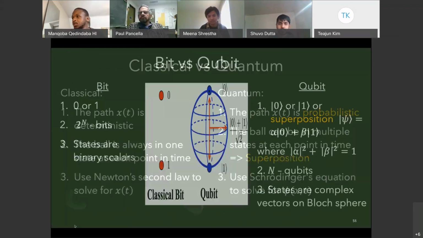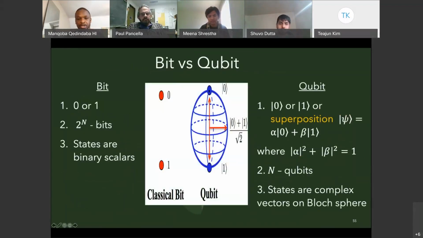And so classically, we use bits, which is either 0 or 1, to do processing. And quantum, as you can see, these are qubits. And this is an important thing, these are vectors, okay? So these are scalars, these are vectors. And vectors, they live on what we call the Bloch sphere, and scalars are just numbers. The important thing is that if you have 2 to the power n bits, you only need n qubits to do that.